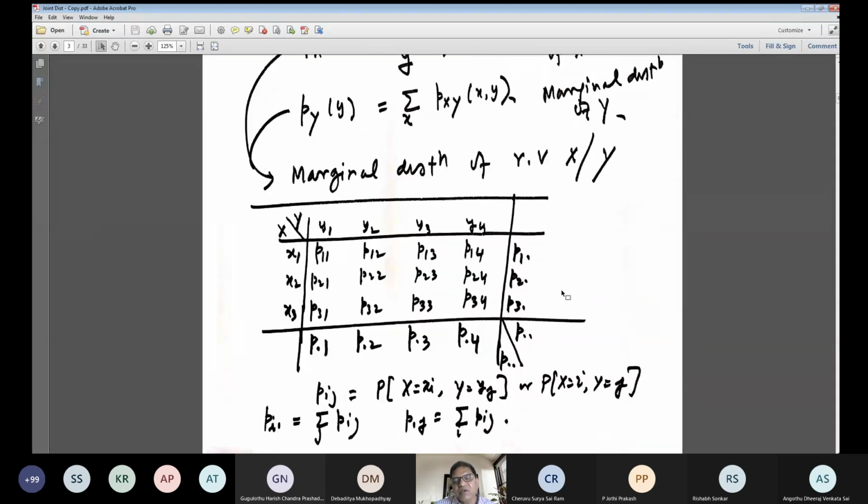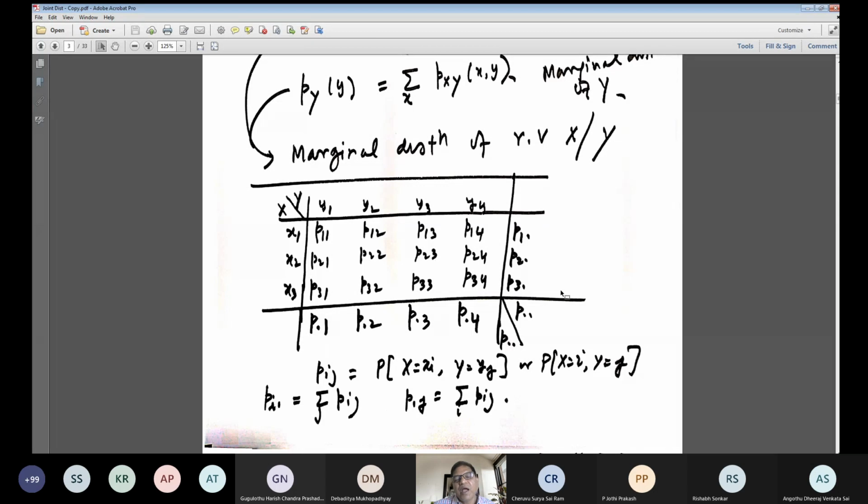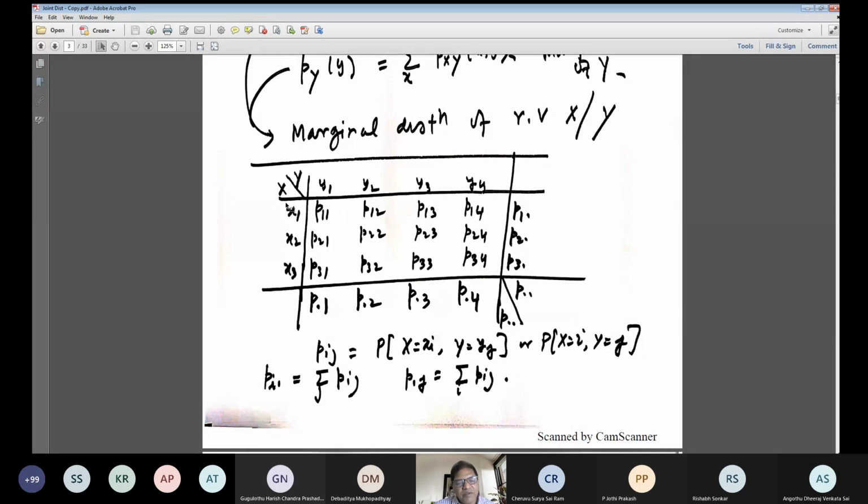Sometimes another notation is used, where X takes values x1, x2, x3 and Y takes values y1, y2, y3, y4. The elements can be written in this form: p11, p12, p13, p14, the way we write matrices. When you are summing over all the possible values of Y, you are summing over the second subscript, so we write p1 dot.